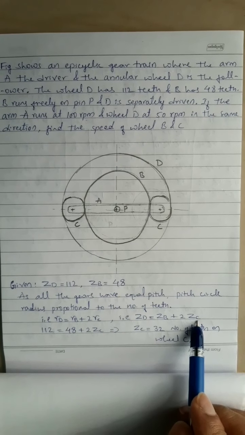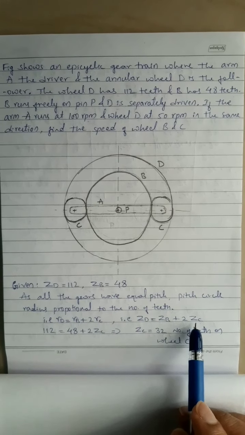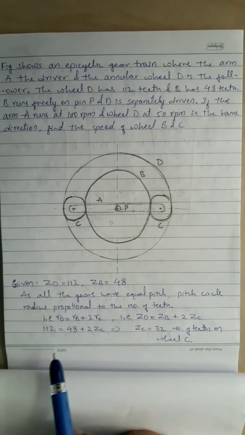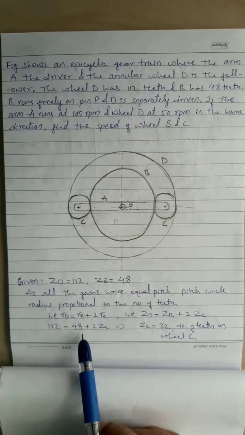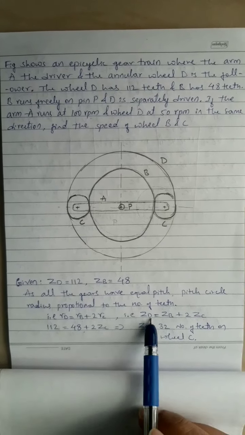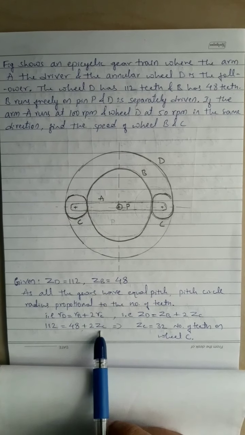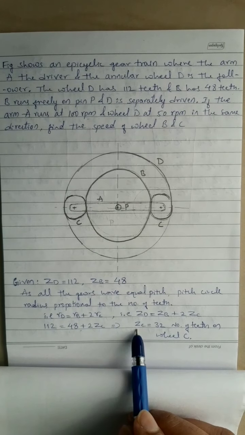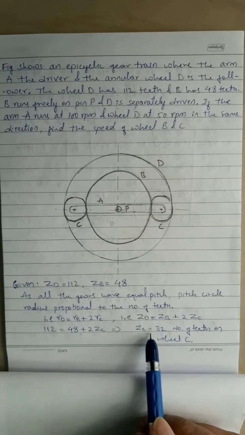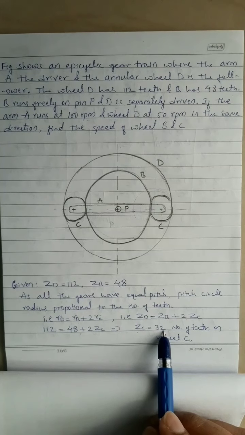Substituting the values of ZD as 112 and ZB as 48 in this equation, we get number of teeth on the wheel C, ZC, as 32.